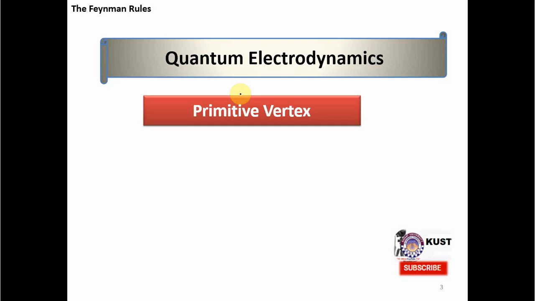But the problem is, even if we take the primitive vertex, for example an electron coming in, an electron going out, and it emits or absorbs a photon, even this is a complicated process, because electrons are spin half particles, and there will be some other rules for incorporating the spin of the particles into Feynman calculus.